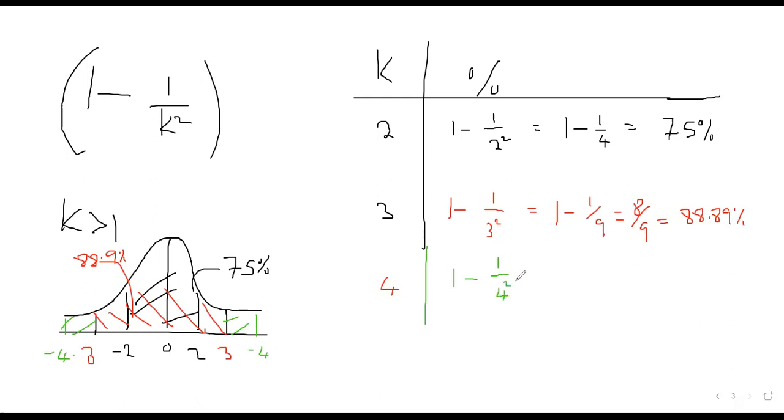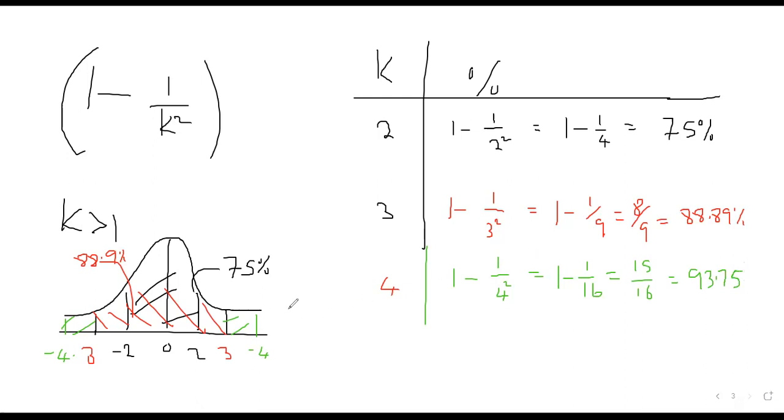So 4 squared. This is 1 minus 1 over 16. This is simply 15 out of 16. So what do we get? 15 divided by 16 will give us 93.75.